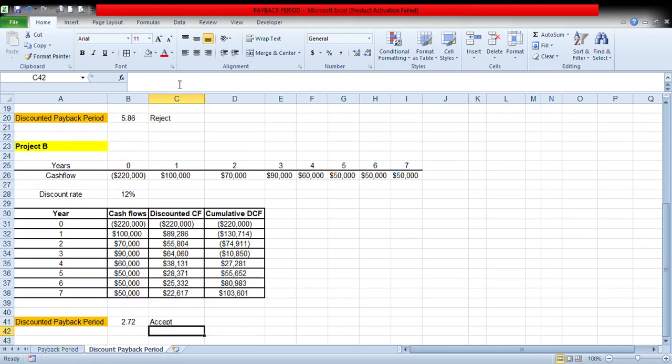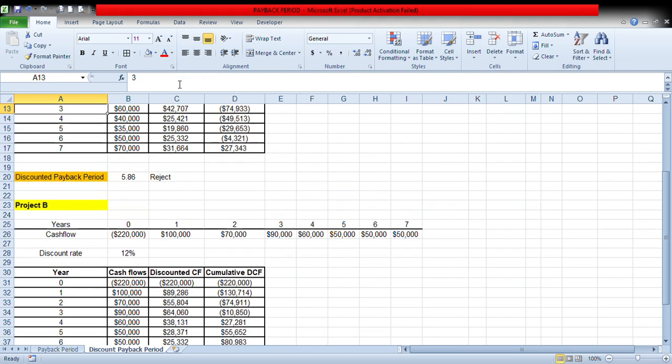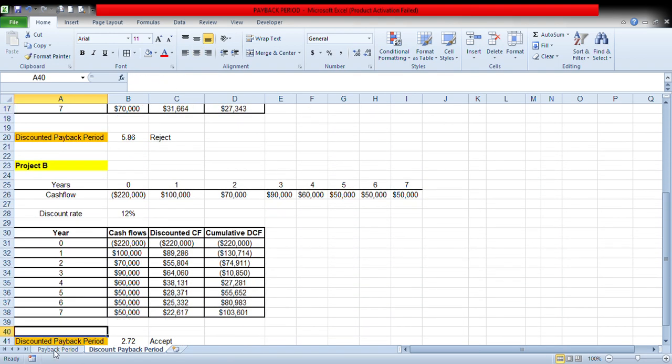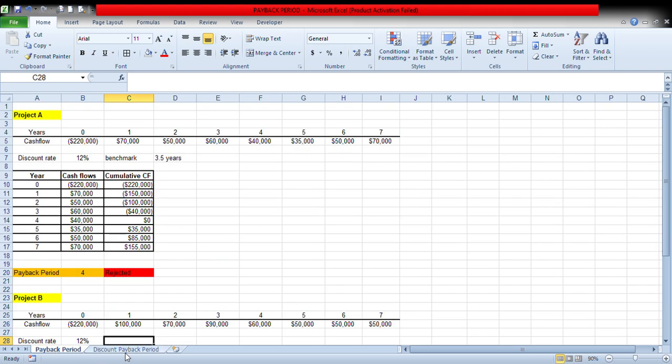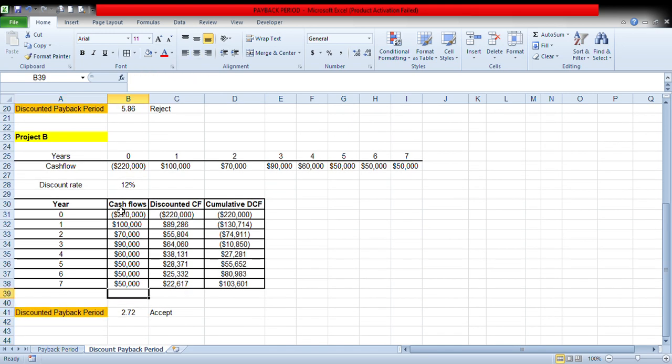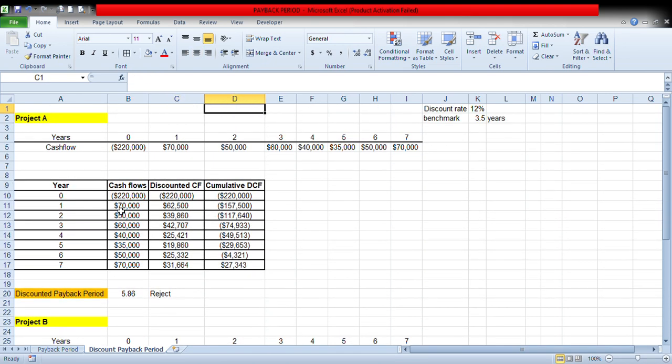So we have accepted our project B. With the same payback period we accepted project B, and also with the discounted payback period technique we accepted project B, because it is less than the benchmark of 3.5 years.